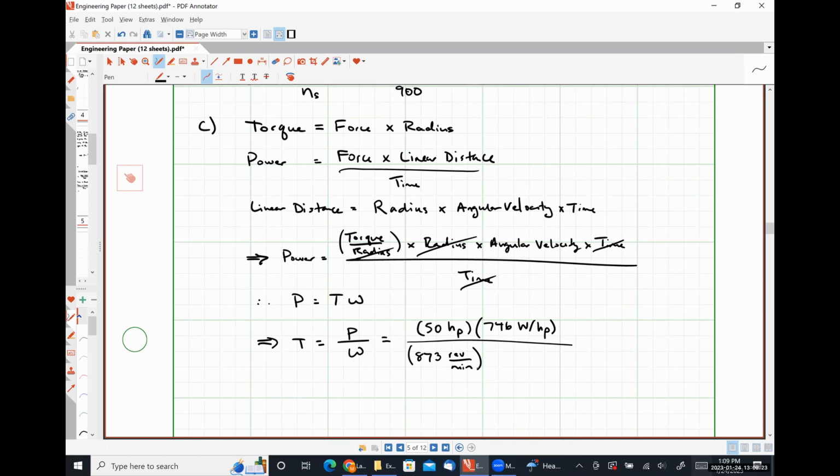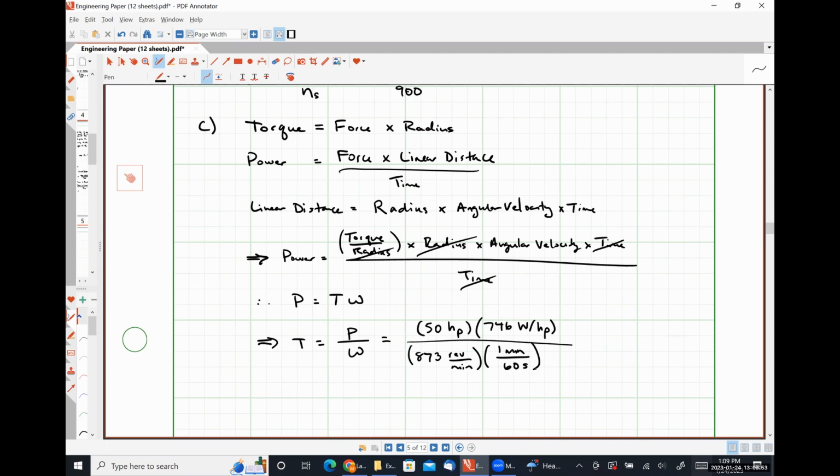So I've got to figure out what to throw in here to get the units I'm looking for. How am I going to get rid of the minutes and get seconds? Let's start with the easy thing. 1 minute is equal to 60 seconds.